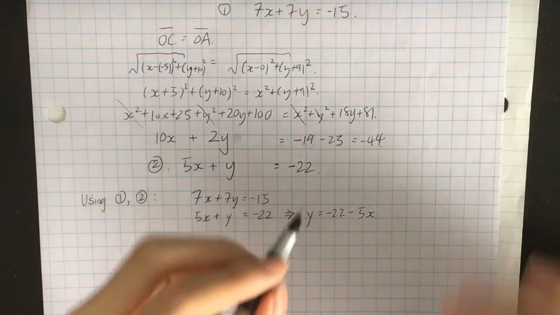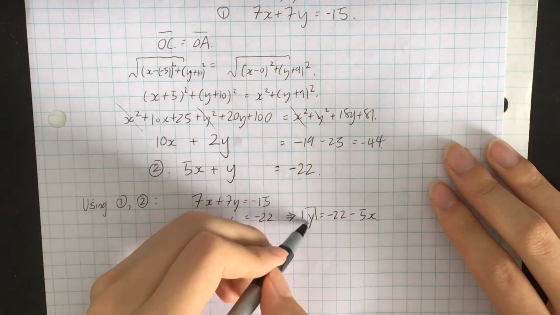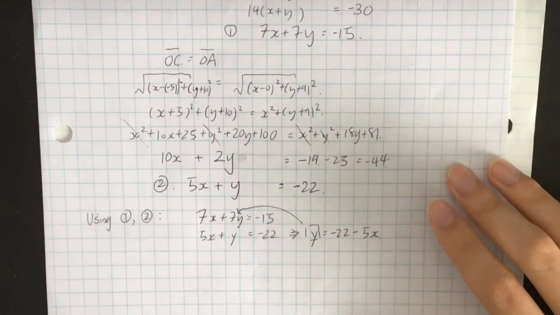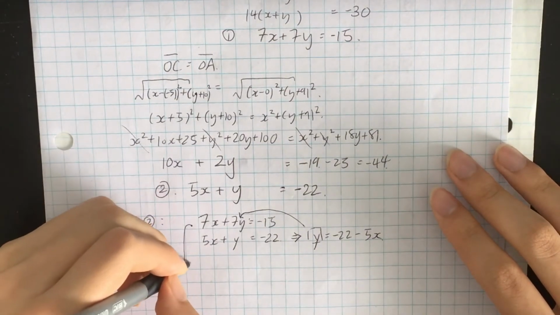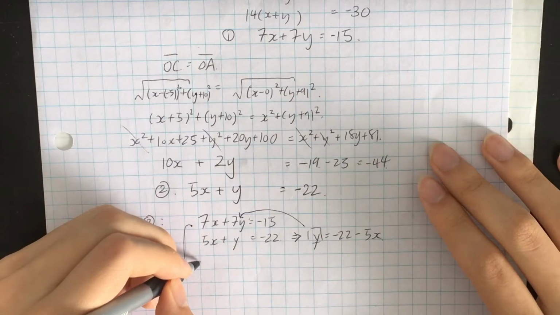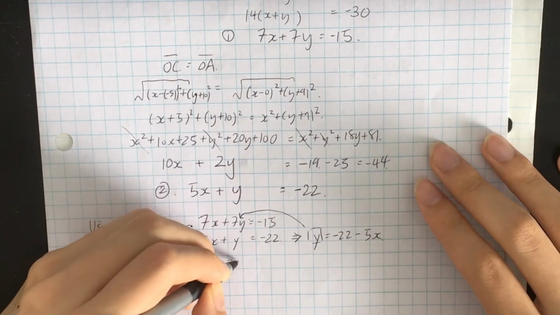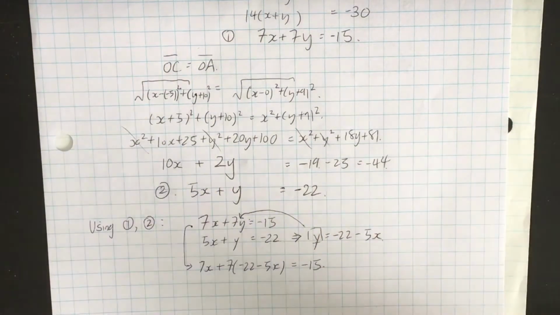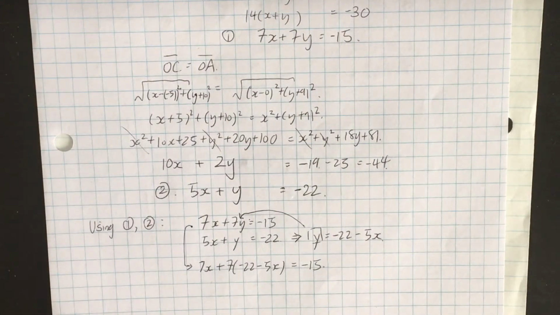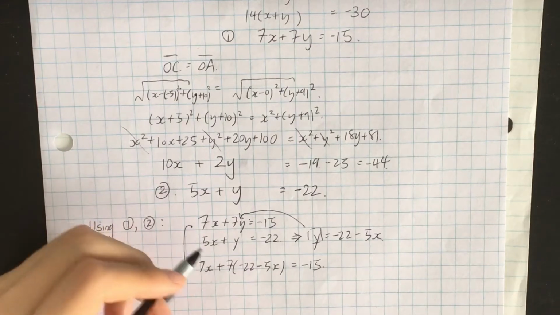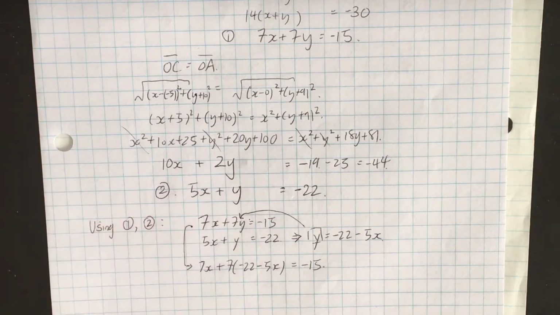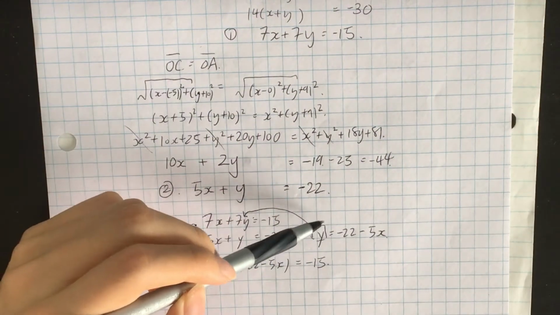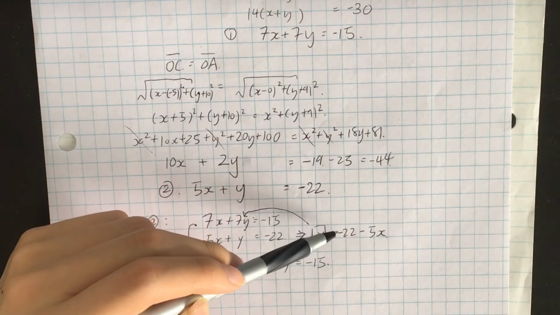Then we substitute this y value into the other equation. What we've essentially done is take one equation, rearrange it so we've isolated one variable, and then replace this variable with the expression in the other one.